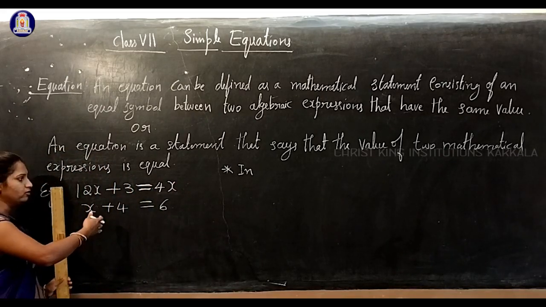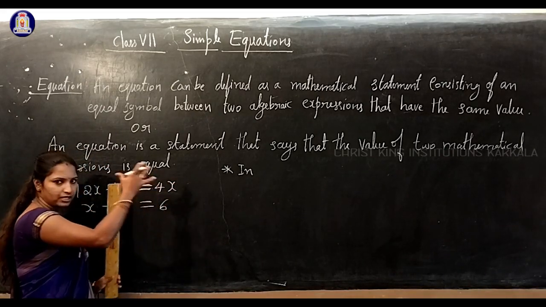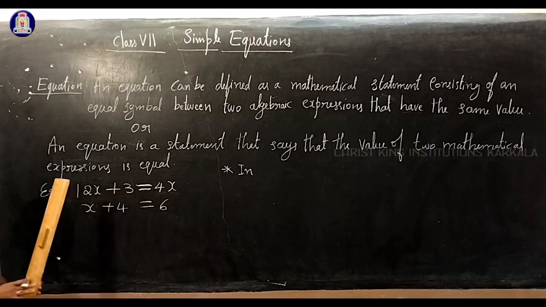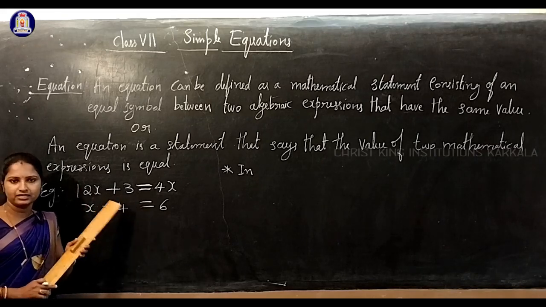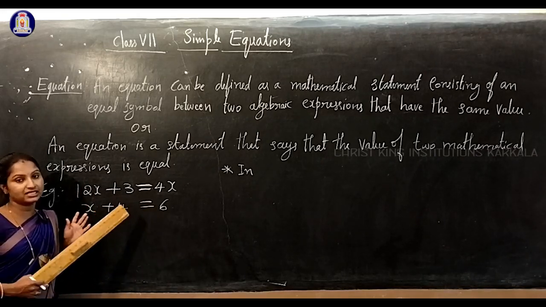Clear? Both sides should get the same value. After simplifying, if we get the same, that is called a balanced equation.